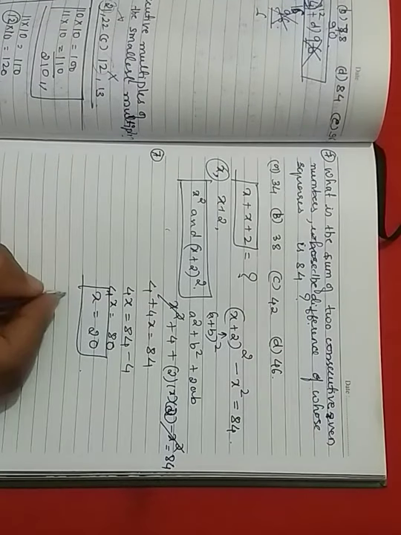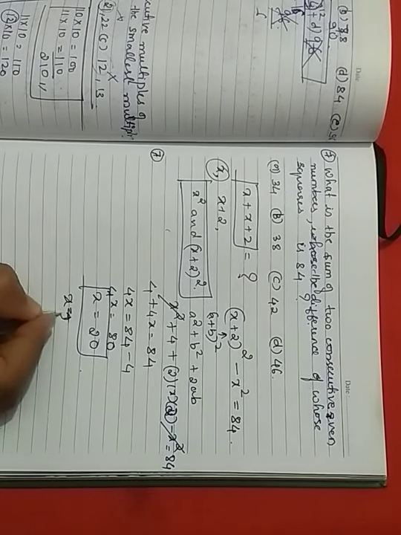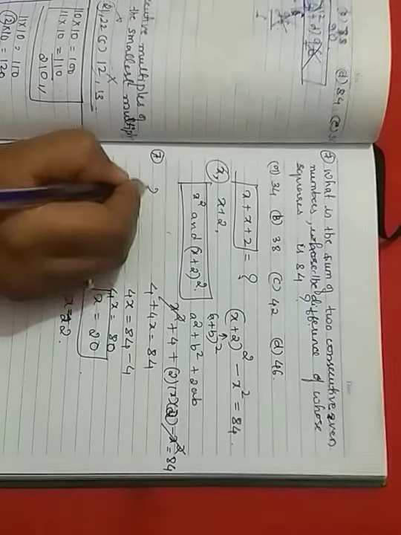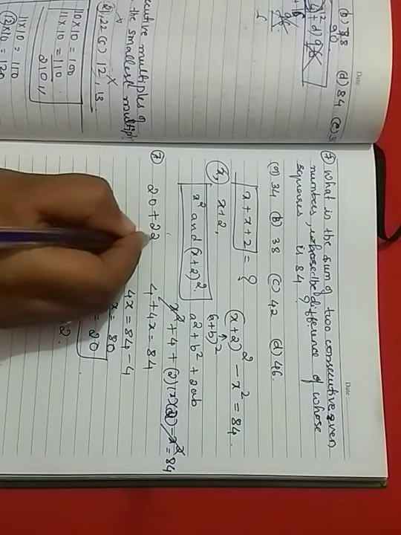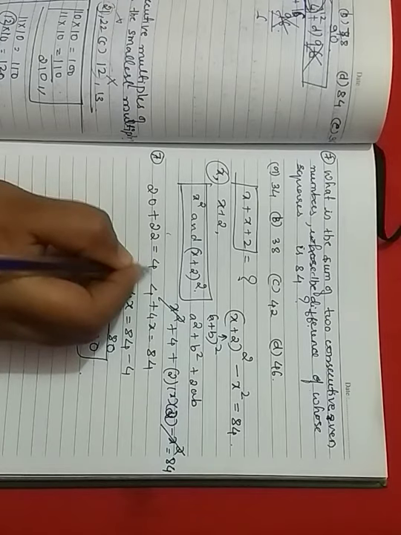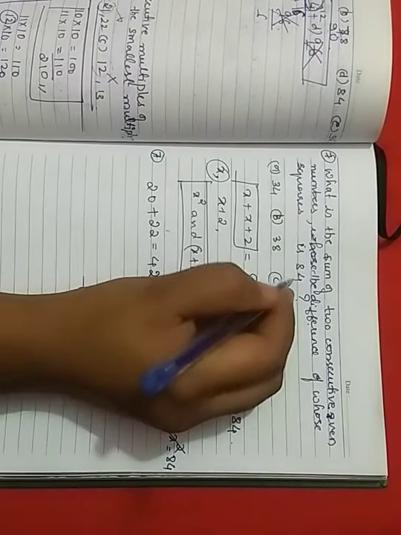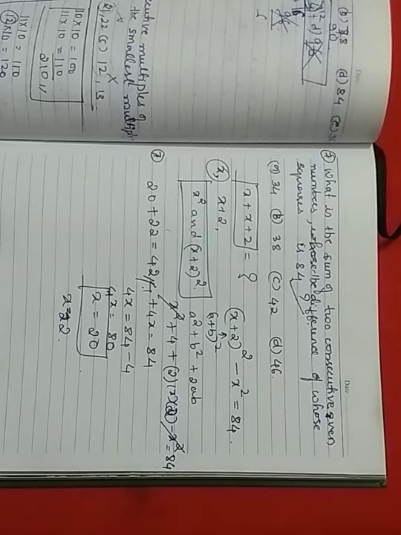If x is 20, the next consecutive even number of 20 is 22. 20 plus 22 is 42. So 42 is the correct answer.